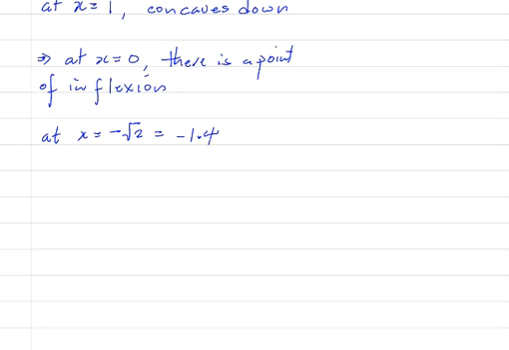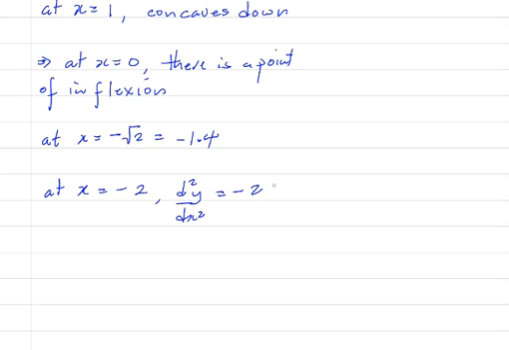Alright, let's check the concavity before and the concavity after. Some of it you already know. Let us say at x is equal to minus 2, d2y by dx squared was equal to minus 240. We did that on the previous page. So this is concave down.